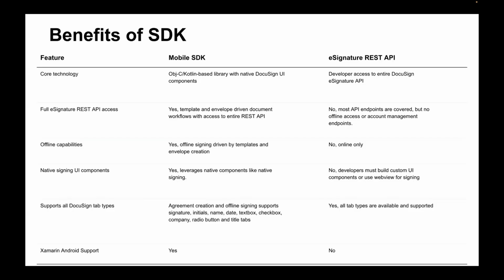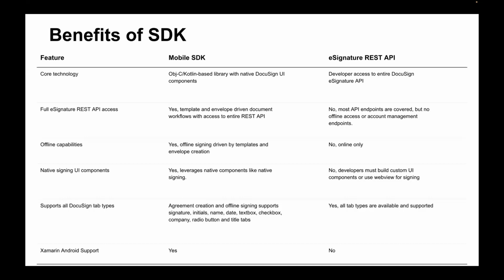What are the various benefits of the SDK? We do have the eSign REST APIs available, so how do you decide when to use the mobile SDK over the REST APIs? The Android SDK is built completely on Kotlin and the iOS SDK is built on Objective-C.